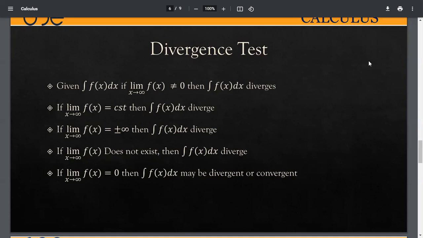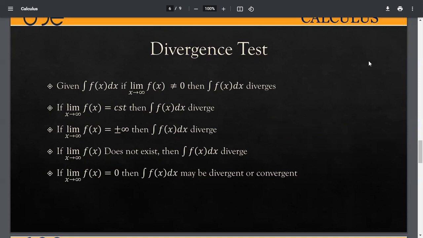So yes, if the limit of f of x is not equal to 0, let this limit be whatever it wants. It could be plus minus infinity. It could be some constant. However, it may not exist at all, the limit.